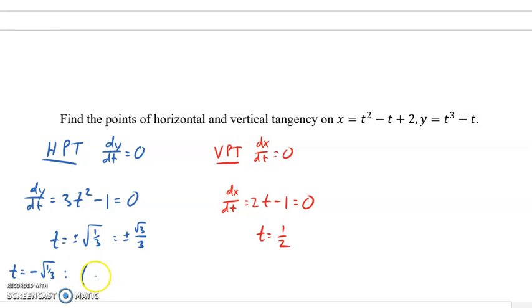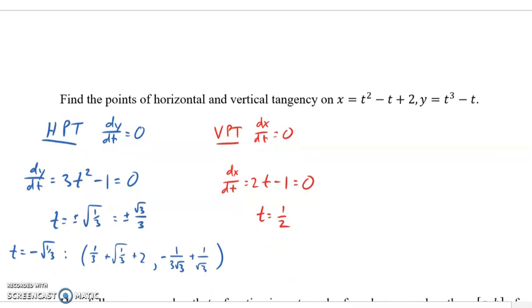We get, well, we're going to square that to get 1/3 minus a negative square root of 1/3 plus 2, comma, and then we'll do the same thing over here with this one. We're going to cube the square root of 1/3, and that's going to give us negative 1 over 3 root 3, and then minus a negative, so that's going to be plus 1 over root 3.